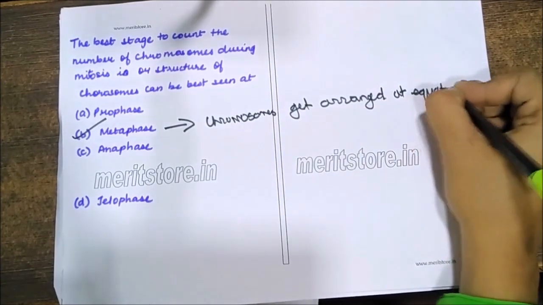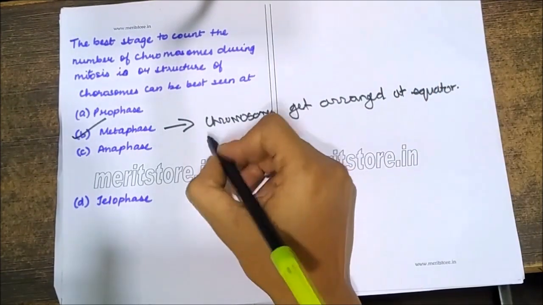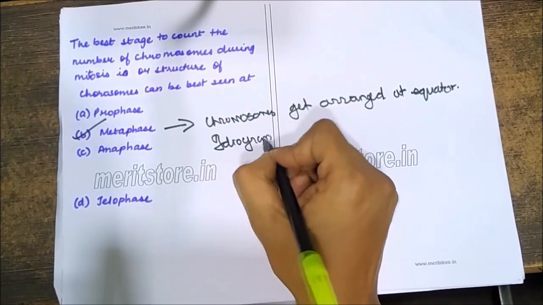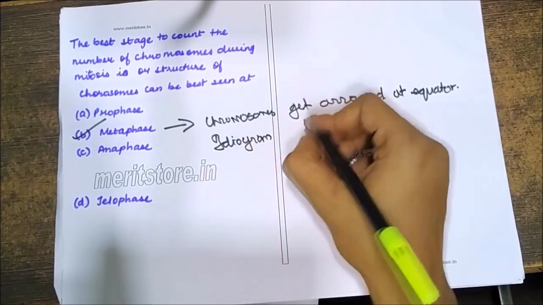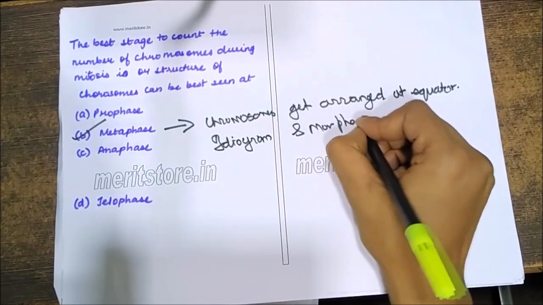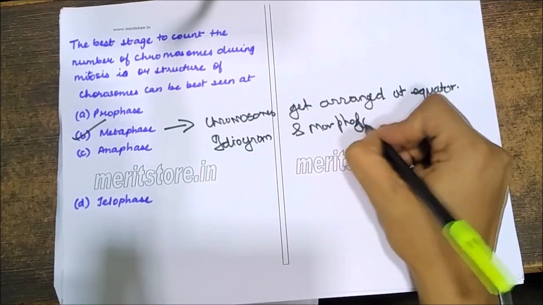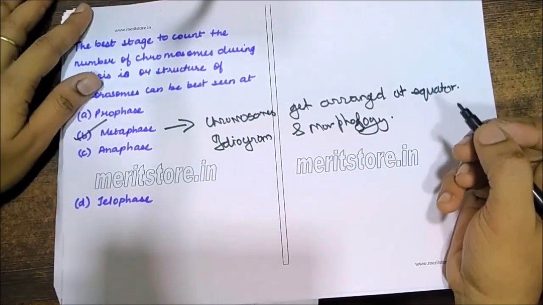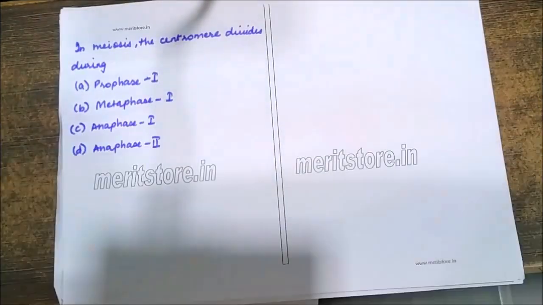Okay. So the ideogram and the morphology, the arrangement of chromosomes and the morphology, they both can be studied best at metaphase. Next question.